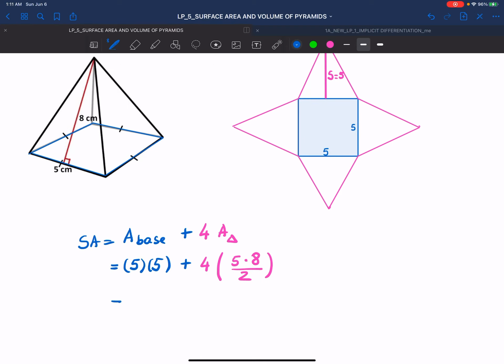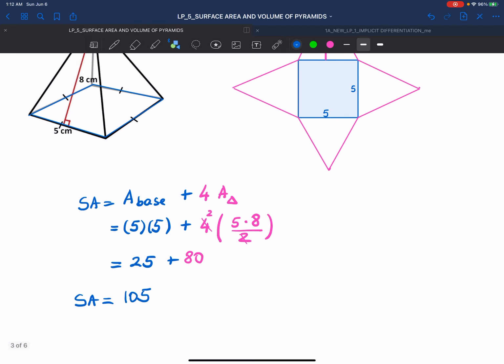And let's calculate everything. So we have 25, and then plus, here we go, we have 4 and 2, that's simplified to 2. 2 times 5 times 8. 2 times 5 times 8 is 80. So we'll say that the surface area of this pyramid is 25 plus 80, or 105.